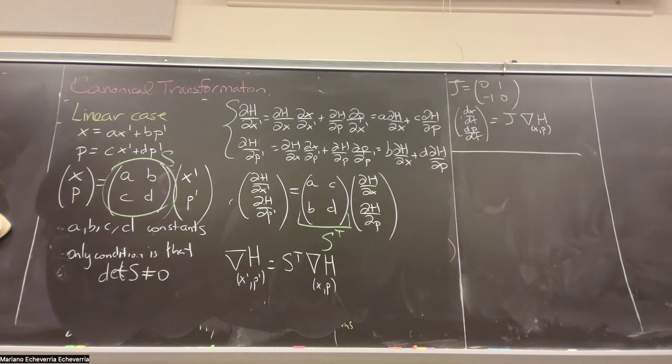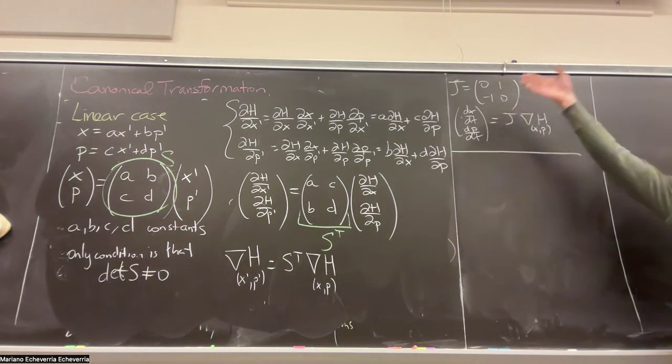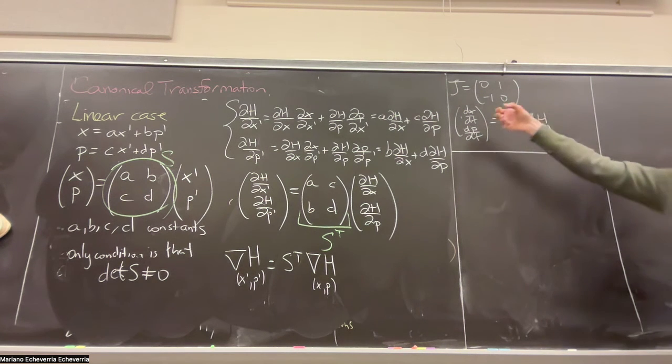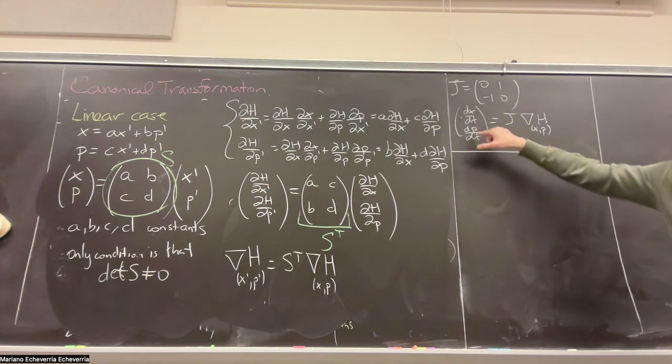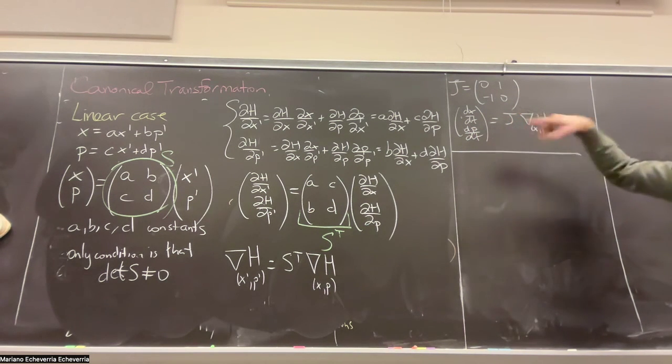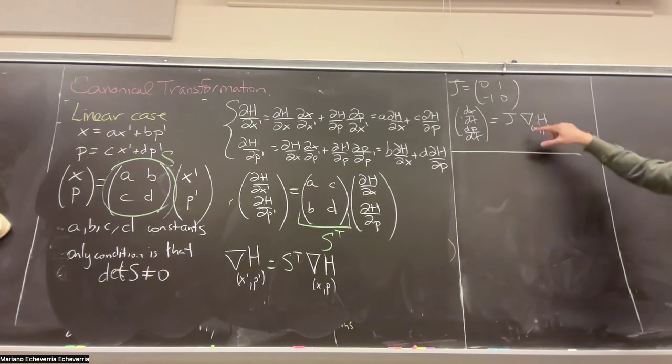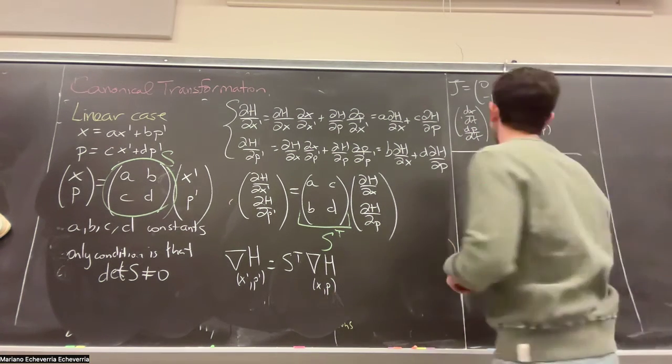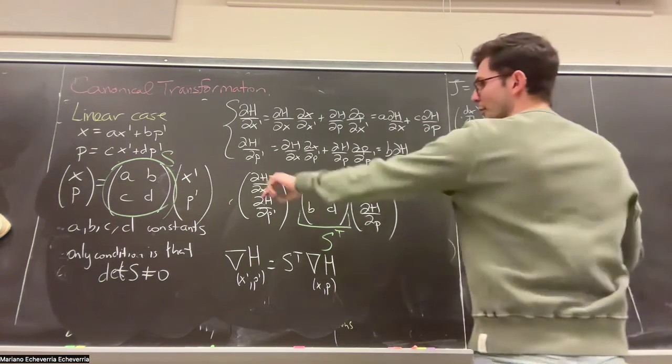So if the transformation is canonical, the same will happen here, but everything is primed. It would be dx prime/dt, dp prime/dt, J is still J, that's just a constant matrix, and then you take the gradient with respect to x prime, p prime.